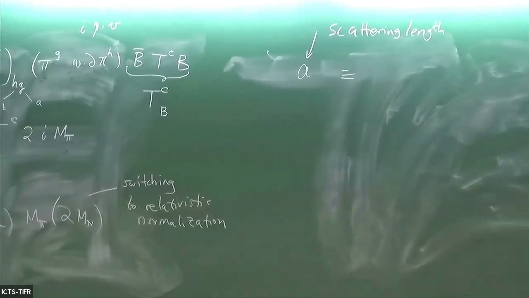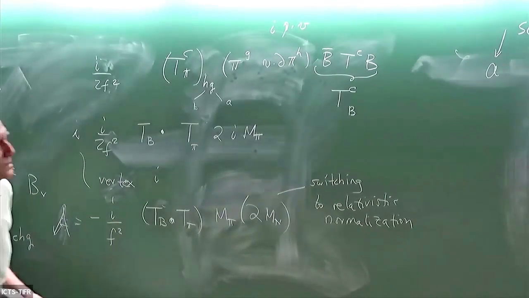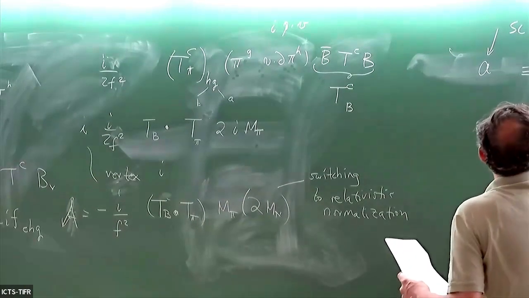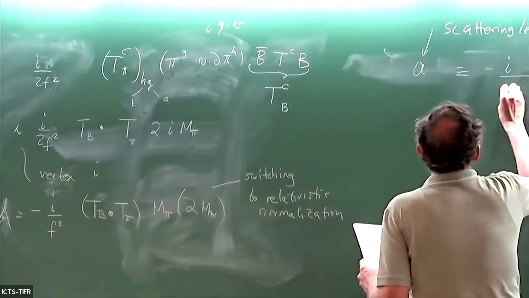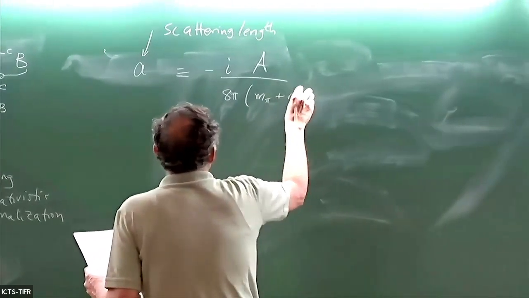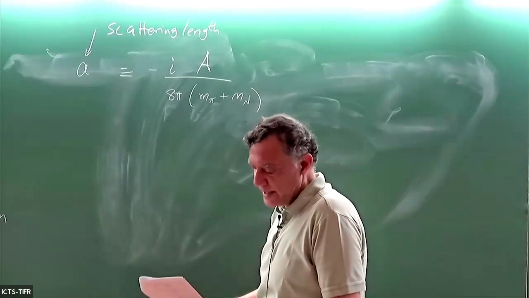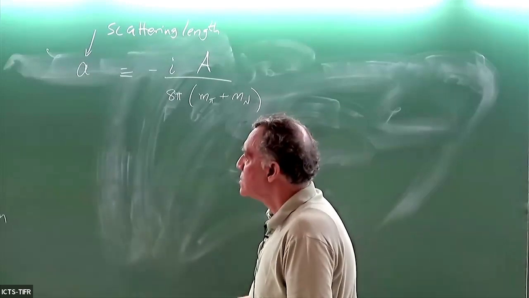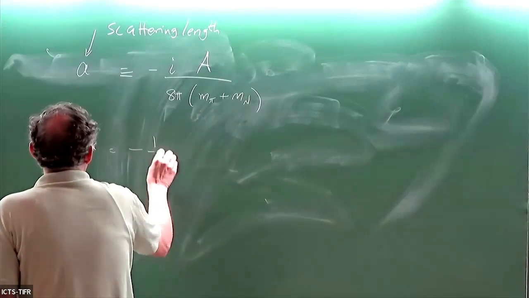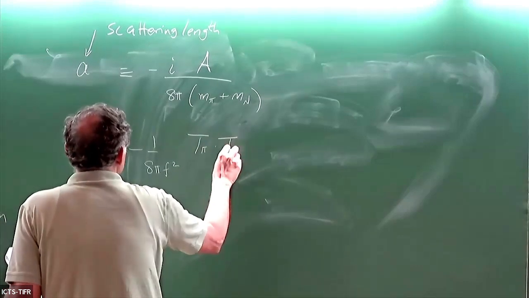And this should also be the pi. So this is just some historical definition of minus A times the scattering amplitude over 8 pi m pi plus mn. This is just the sum of the 2 particle masses, and okay, 8 pi and so on. The I is just some definition. So the scattering length is minus 1 over 8 pi f squared t pi dot tb.